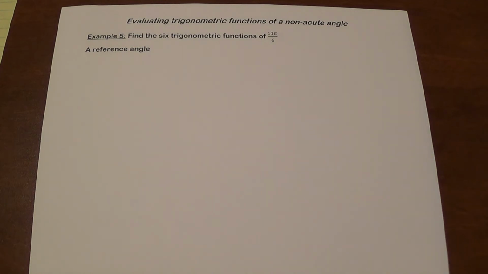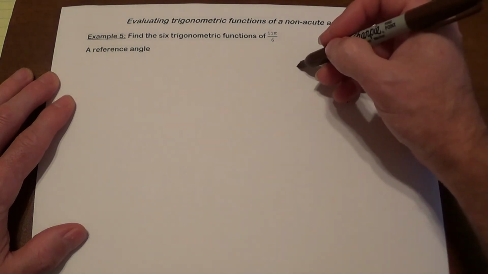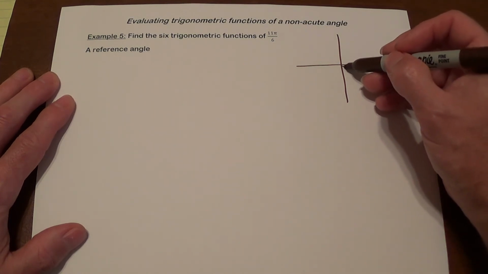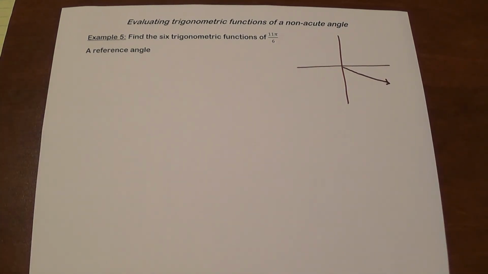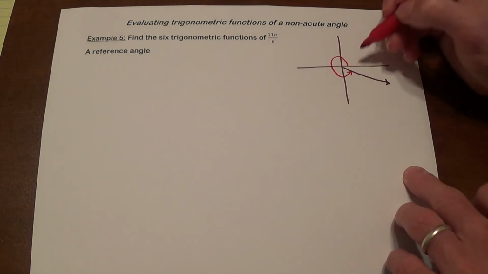Next example, 11 pi over 6, and now we're dealing with radians, right? There's no degree symbol, not just because there's pi in it, but because we have no degree symbol. So where's 11 pi over 6? So 11 pi over 6, 12 pi over 6 would be 2 pi, so we're almost completing a full circle. We're going to end up being right here, and this is going to be our angle of 11 pi over 6 going like this, right?